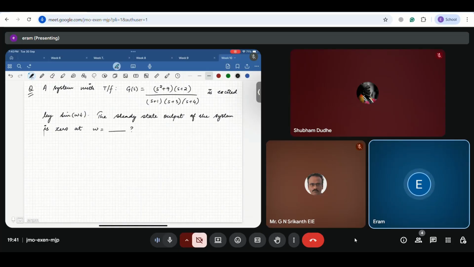You have to find out the frequency at which the steady state output of this system is 0. And you are exciting this system with a sinusoidal input.